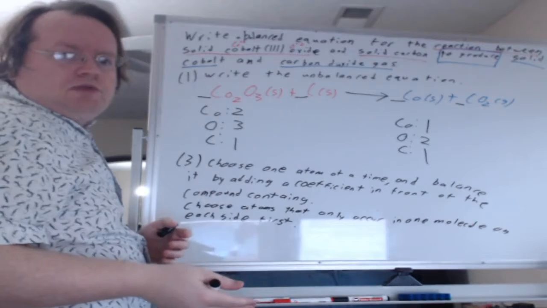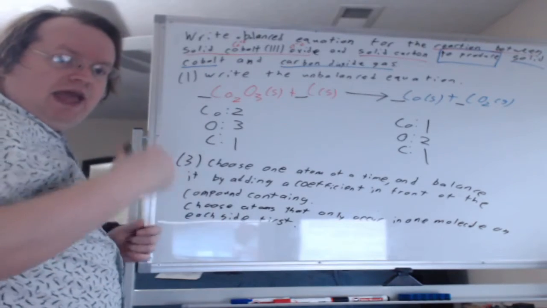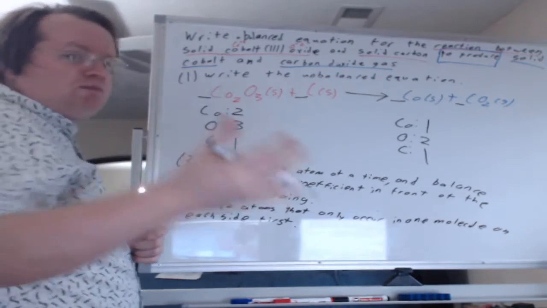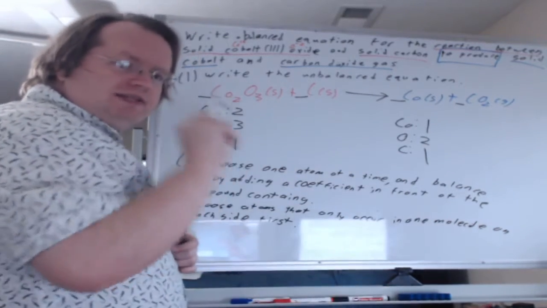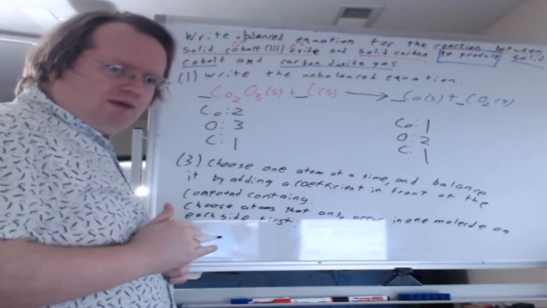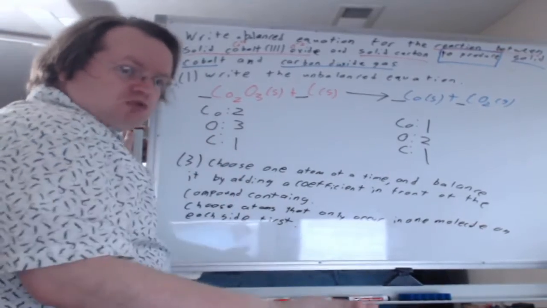Some problems though, like the problem we looked at earlier with the methane and the oxygen that we were making, there was actually oxygen in both products at the end. So you want to leave those atoms that occur in multiple places until the very last part of your problem. This is because sometimes when you choose all the others, that one will just work out in the end.